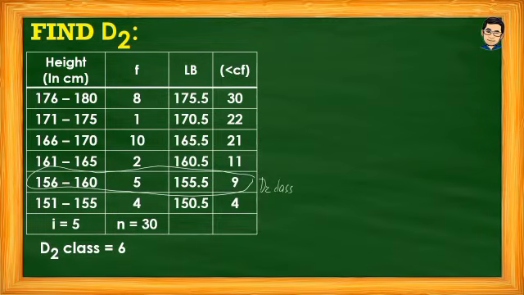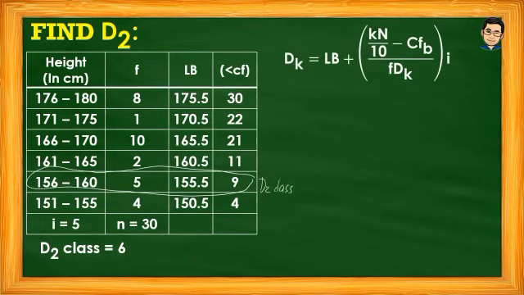Okay, we will now apply the formula. So D sub k, so that is D sub 2, and then LB, the lower boundary of the D sub 2 class. So, yung lower boundary natin is 155.5. Mahalaga na binibilugan natin kung saan yung class na yun para at least guided tayo dun sa mga values na sinasubstitute natin.